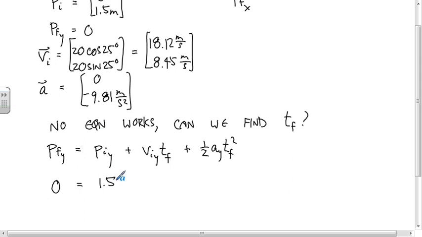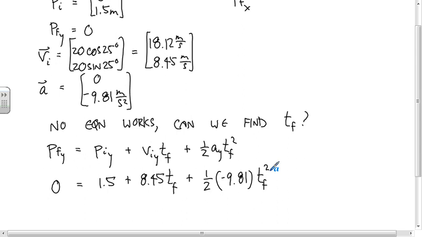So I'm just going to write this. 1.5 meters is 1.5. VIY is 8.45 TF plus 1/2 times negative 9.81 times TF squared.